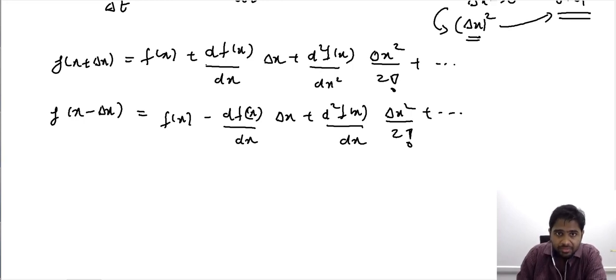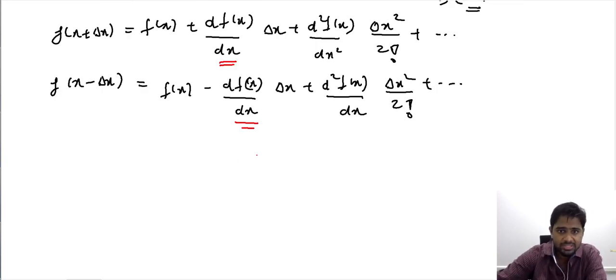We are interested in estimating the first derivative of f of x. Since we are interested in the first derivative, if we add these two expansions, we would end up cancelling the first derivative.